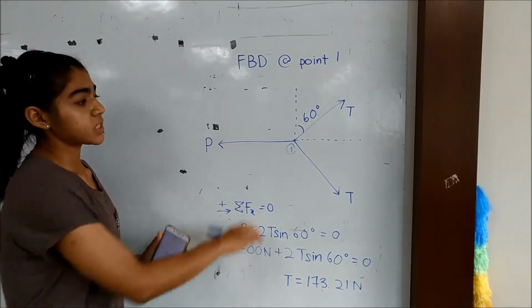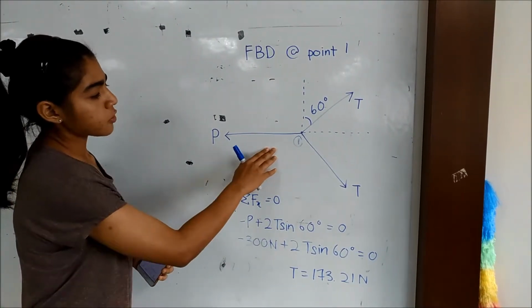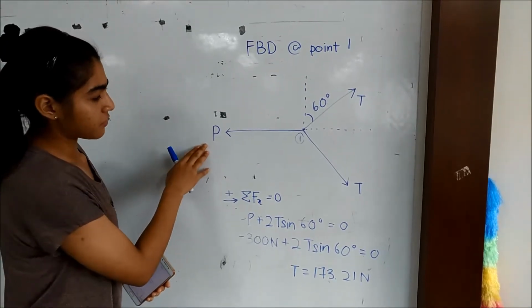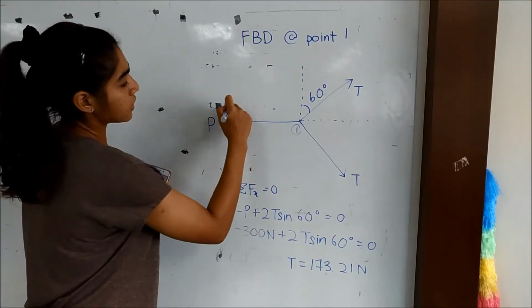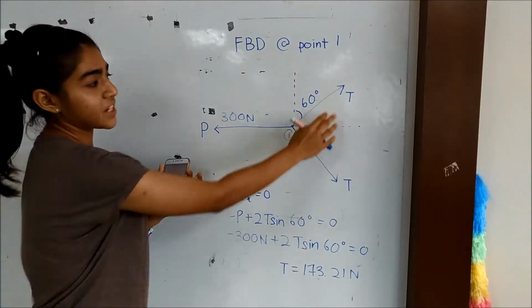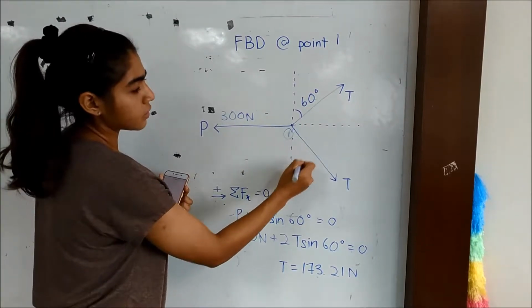For FBD 1, we will be using point 1. Alright, so we have a force towards the negative x-axis, and that force is valued at 300 Newton. And we have two tensions having an angle of 60.